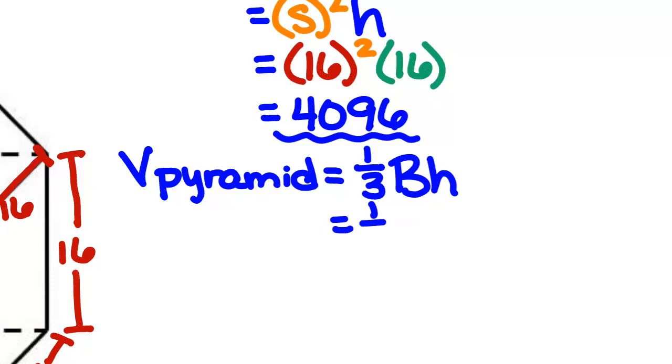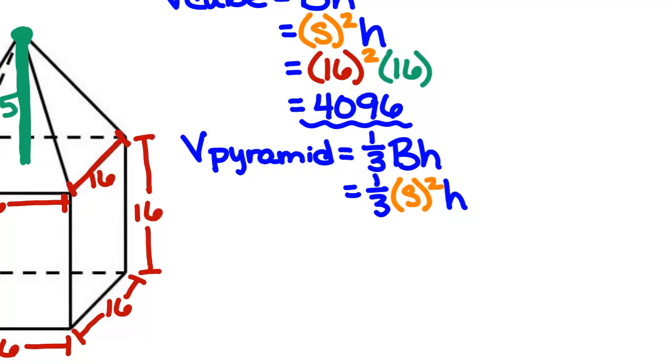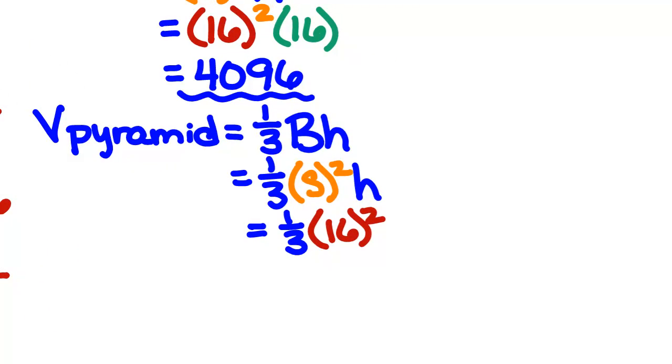The base is what shape again? A square, so 1/3 times side squared again, times the height. So I have 1/3 times 16 squared times, what's the height for the pyramid? 16.